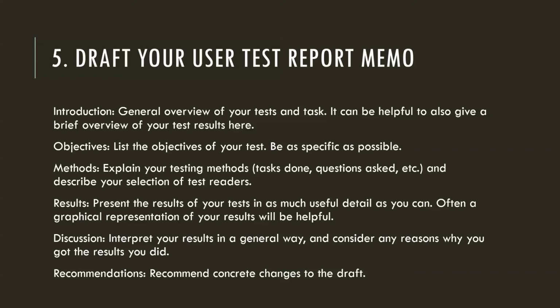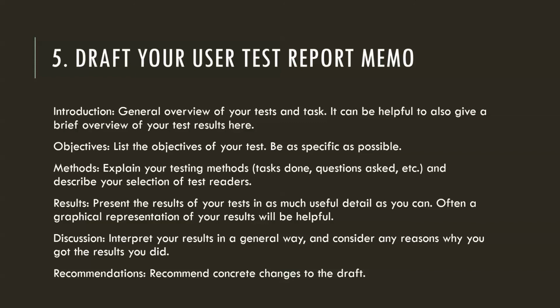A results section where you present the results of your test in as much useful detail as you can, and if you can, a graphical representation of your results of some type. It could be a chart or a graph of how many people struggled at each step, or what steps people had the most trouble with, or it could be, as we saw, just a table where you put in some of what you observed or what you were told.